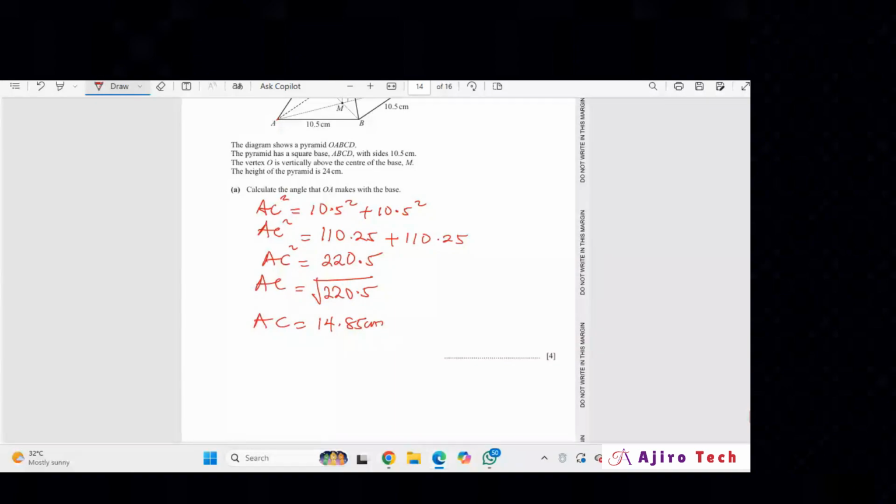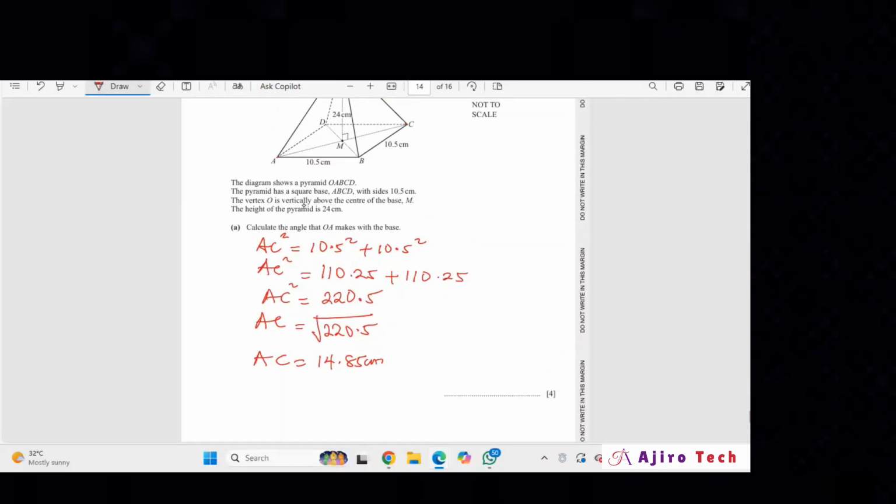But the angle we are looking for, so let's first get AM. AM is half of AC. So for us to get AM, we just need to do AC divided by 2.